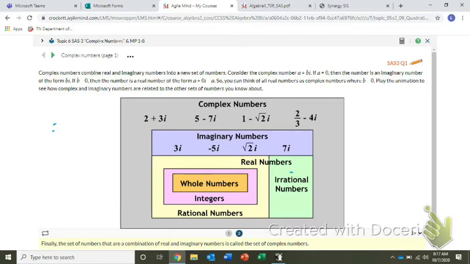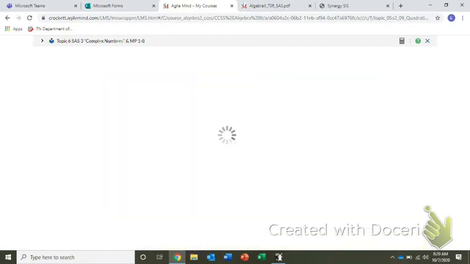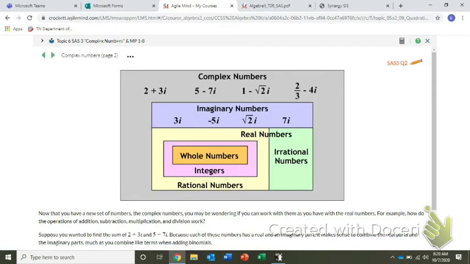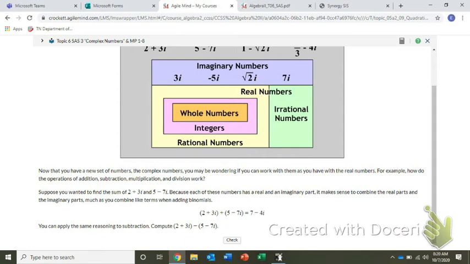Alright, let's look at number 2. Let's see. Does it give us the answer? Oh, no. Okay, so this is just like combining terms. Okay, so we combined like terms a few weeks ago. So right here on this first one, this one's not on your workbook, but it is on Agile Mind. So they added theirs.